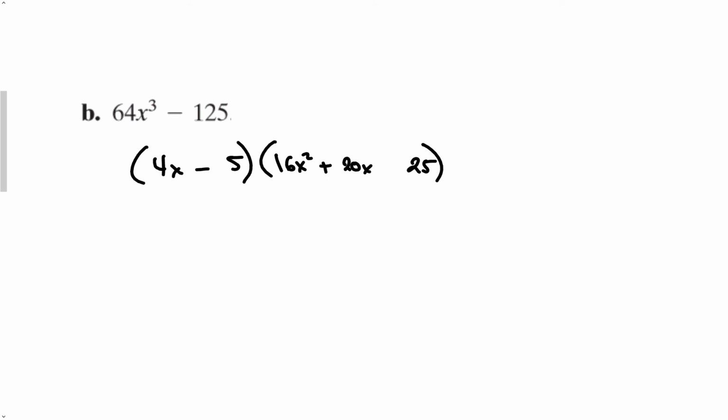Same sign, opposite sign, always positive. So you could have gotten tricked up if you put 4x times negative 5 and said, oh, that's a negative 20 in the middle. That's not the way this technique works. This technique works by remembering the acronym SOAP, so that way you can factor this expression.